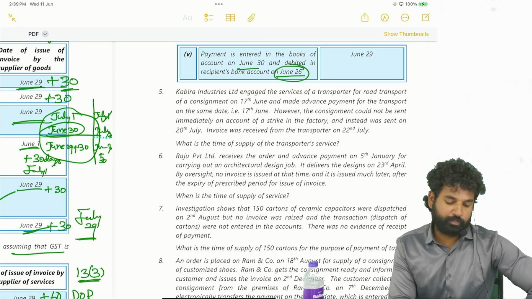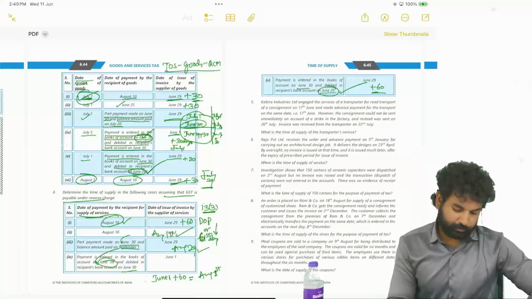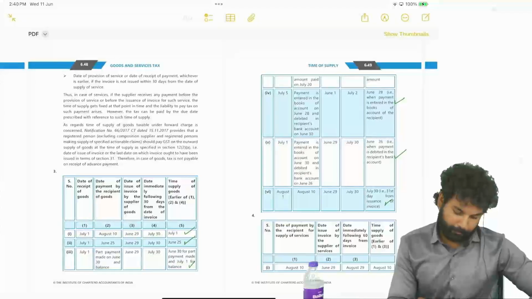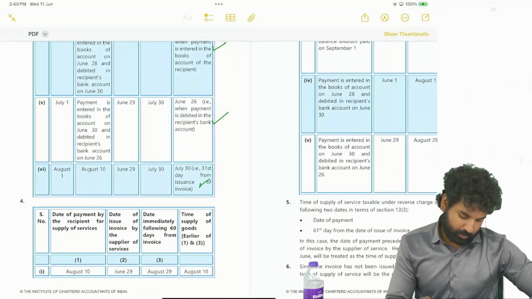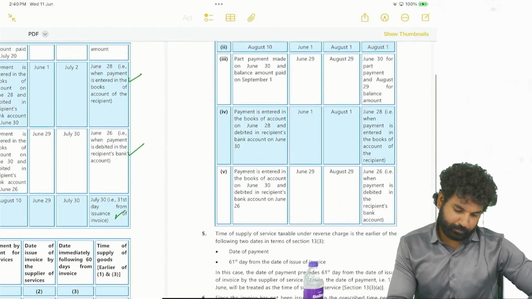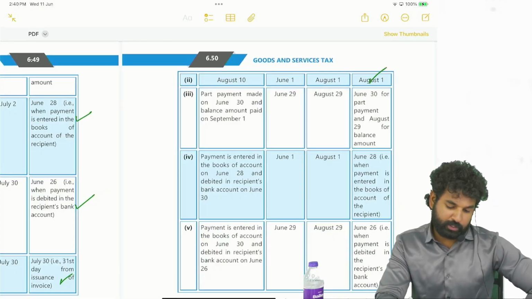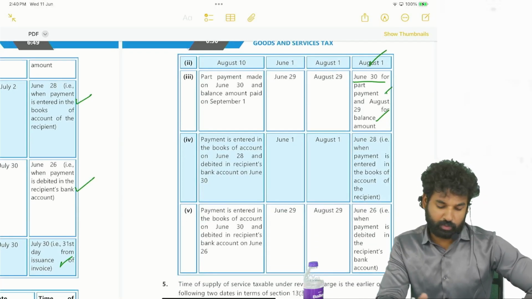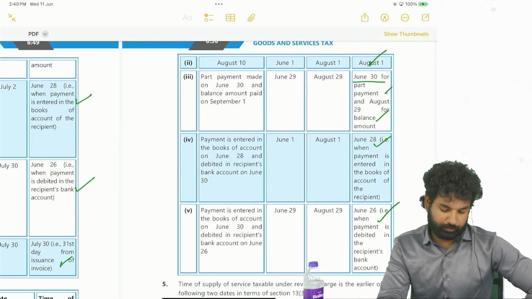Which is earlier? June 26. First case August 10, second case 1st August, third case June 30 and August 29. Fourth case June 28, fifth case June 26. Right?